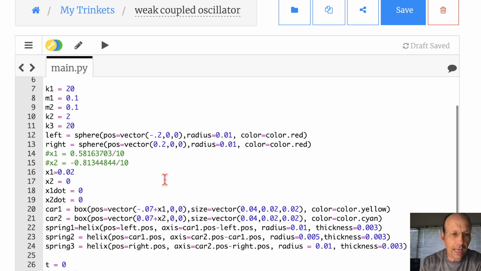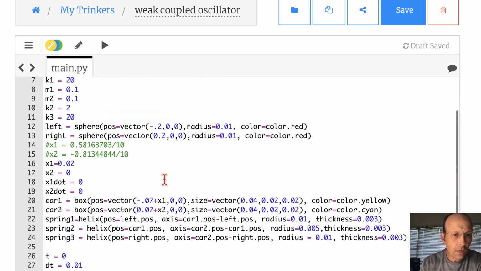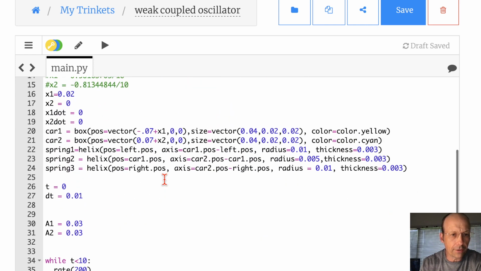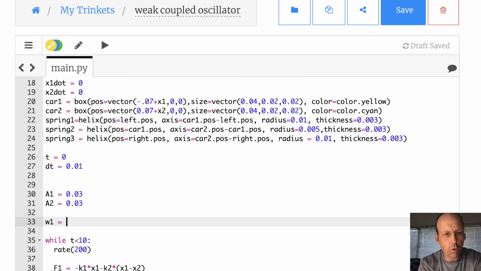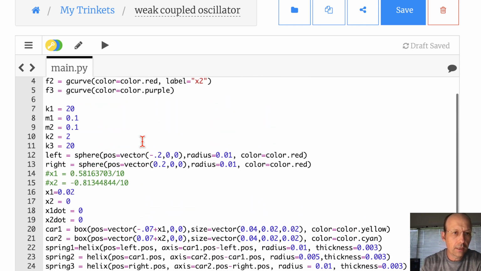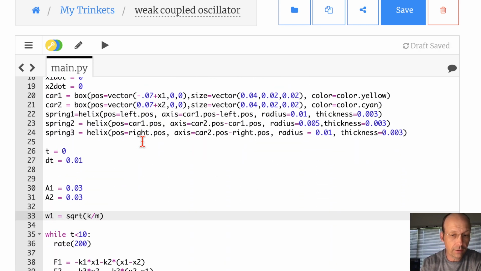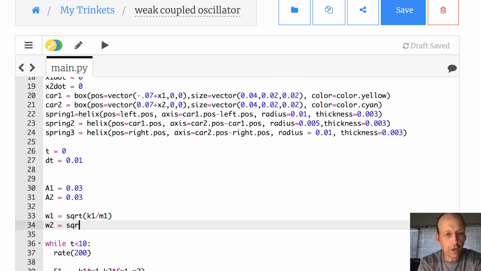And I need to find epsilon. So I don't have omega 1 or omega 2. That's fine. So we're going to put down here, I had another one. Omega 1 is square root of k over m. K1 over m1. They're the same. And then omega 2 is the square root of k1 plus 2 times k2 over m1.